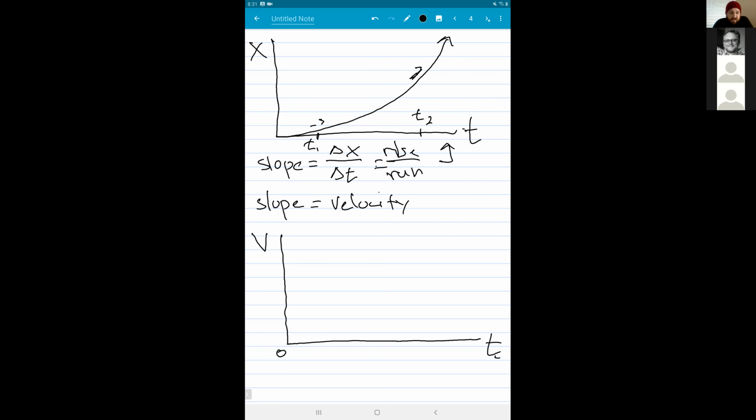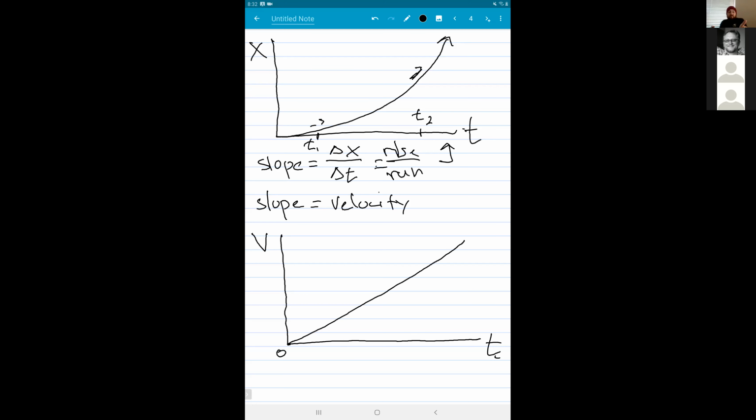Our velocity steadily increases at a constant rate, right? So we're accelerating at some constant acceleration, therefore our velocity is increasing at some steady constant rate. And what we actually expect is a straight line with some positive slope that doesn't change.